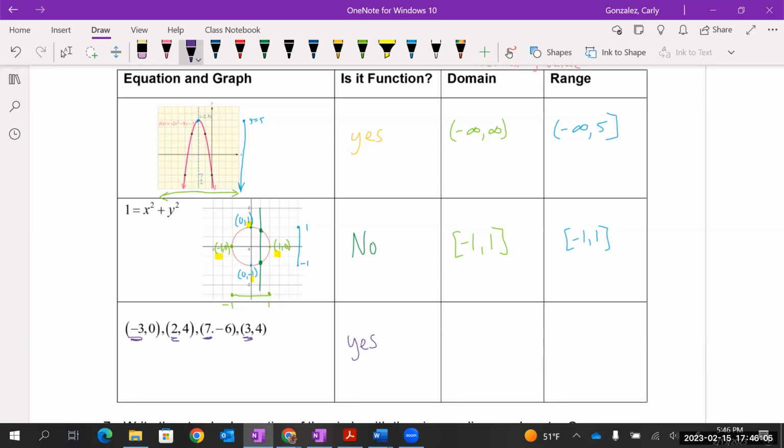And the domain is just the set of x values. So I just list them: negative 3, 2, 7, and 3. And that should be a comma. I just noticed that. 7, negative 6.